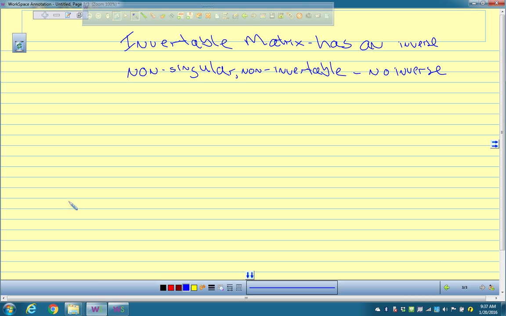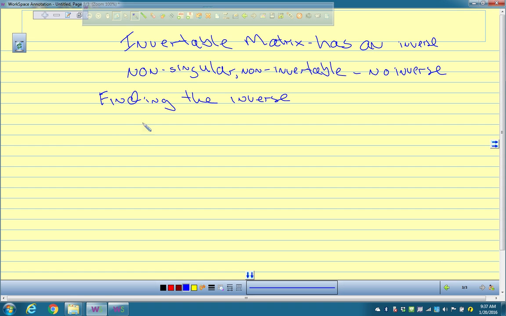So finding the inverse of a matrix. So this is how you do it. Okay? So find the inverse. Finding the inverse. This is how you do it. I'm going to ask you to find the inverse of a 2x2 by hand, and maybe a 3x3.